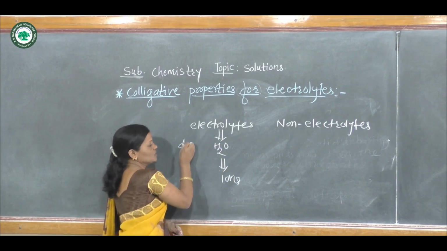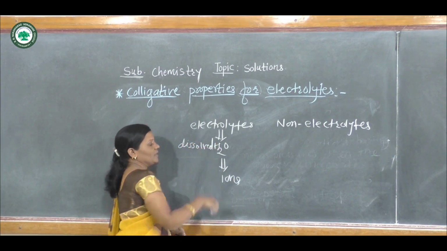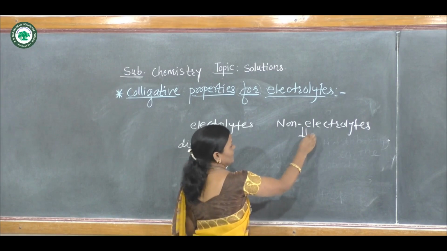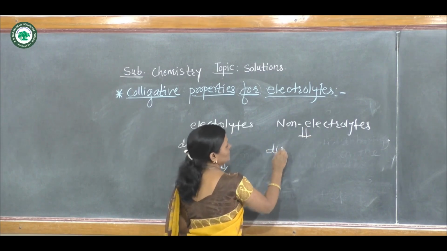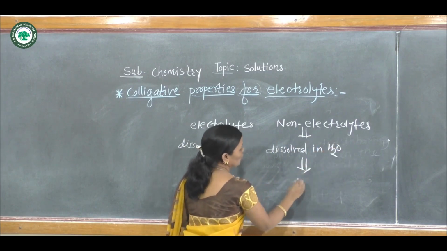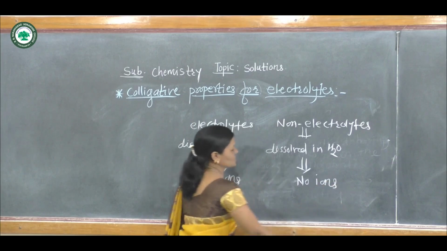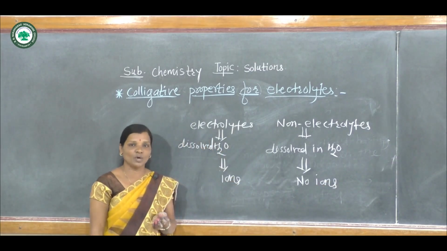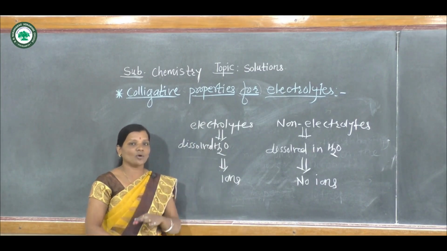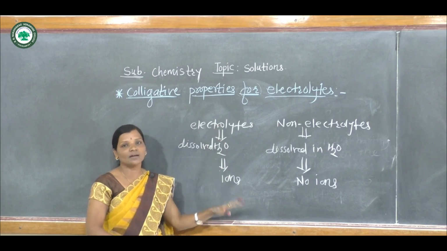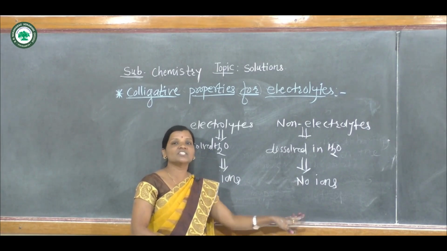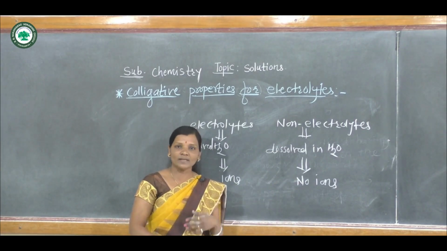But when non-electrolytes are dissolved in water, no ions are produced. That means in aqueous solutions, if ions are present, such solutions are electrolytes, and solutions in which no ion is present are non-electrolyte solutions.